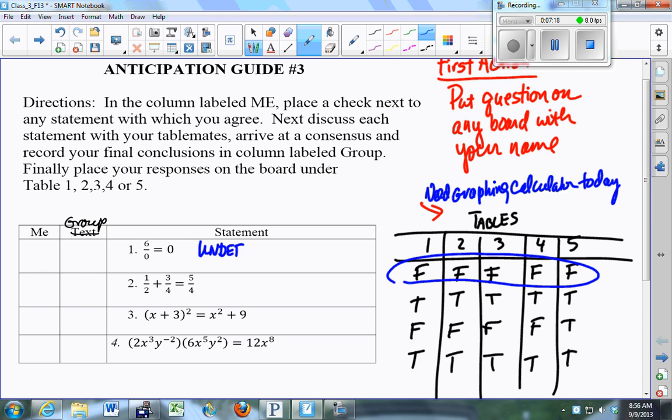That's the mathematical answer, undefined, which means we cannot define the division problem by writing a real number as a result. So this is false. You can never have your denominator equal 0 and perform an operation of division. Okay? 0's not allowed in the denominator.